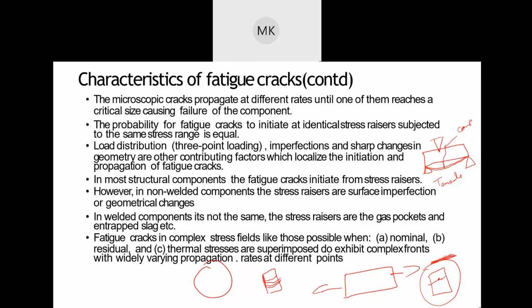But in most cases, failures in metals start from the surface. When you come to composites, it's a little different because a composite is made out of your matrix and your fibers, or additives, and the two of them can be two different materials even.